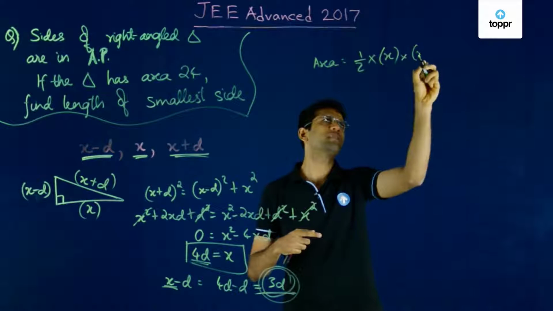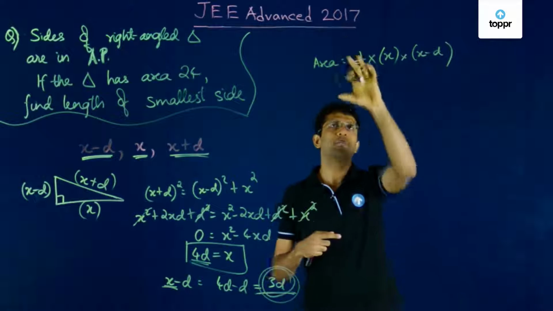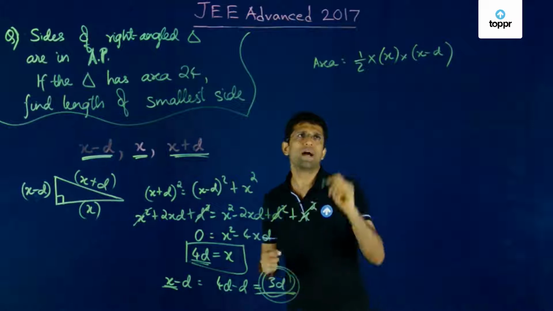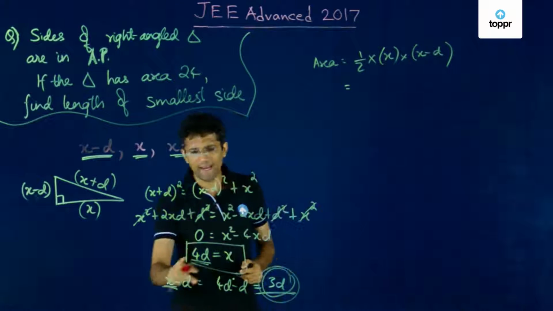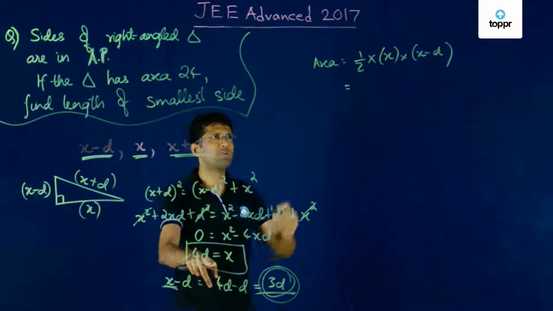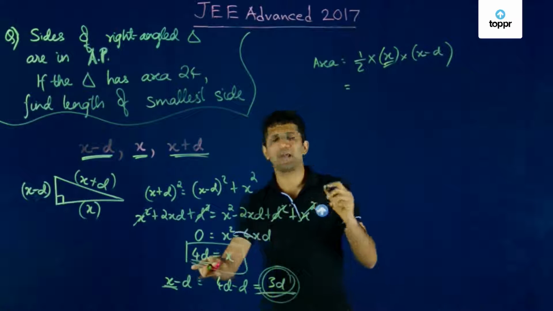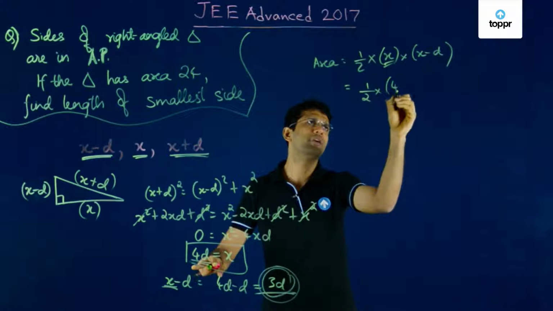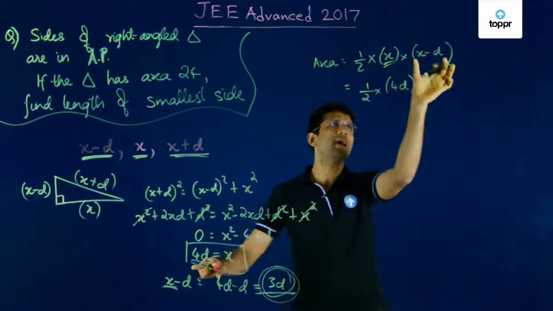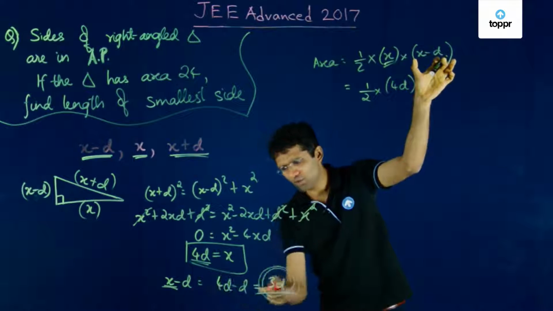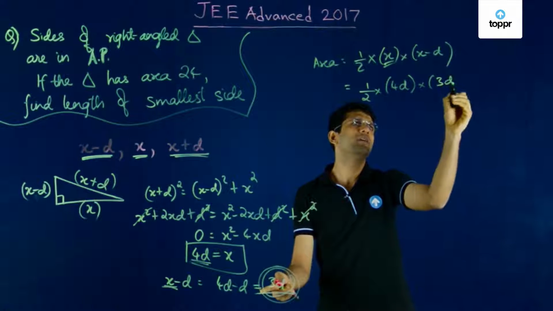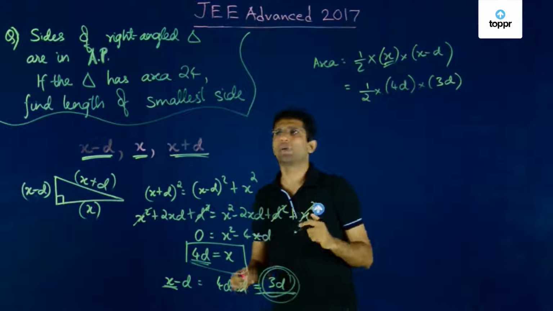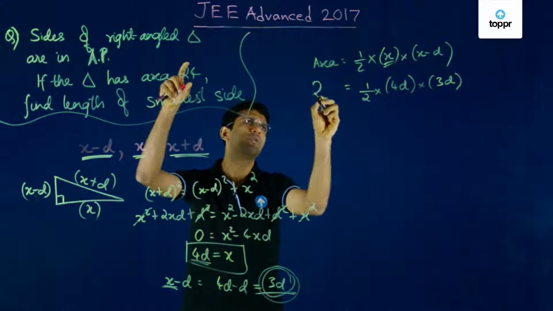We already found x is equal to 4d, so we replace x by 4d and get area is equal to half into 4d multiplied by x minus d. Now x minus d is equal to 3d, and note that this is equated to the given area, that is 24.